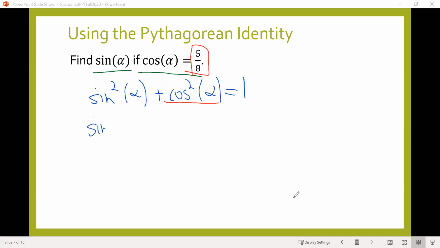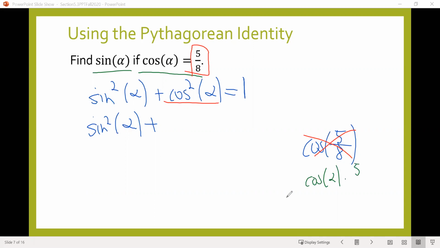So we have sine squared of alpha. And I want you to notice when I plug this in, that 5/8 is not going to go in for alpha. So I'm not going to write cosine of 5/8. That's not correct here, because that's not the value for alpha. I'm also not going to write cosine of alpha times 5/8.